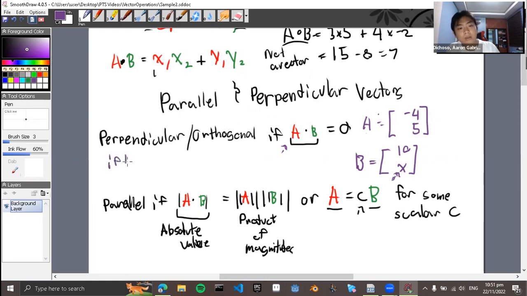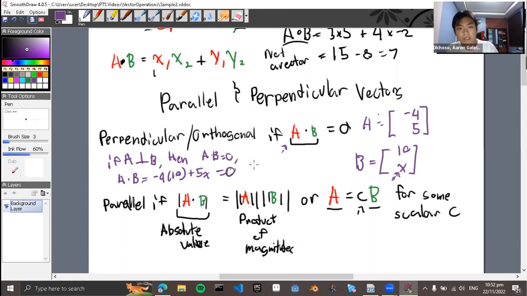So if A is perpendicular to B, then A dot B is equal to 0, right? Therefore, A dot B is equal to 4 times 10 plus 5 times x, which has to be 0.